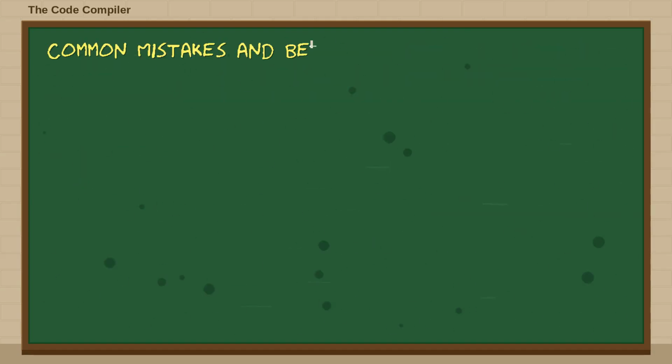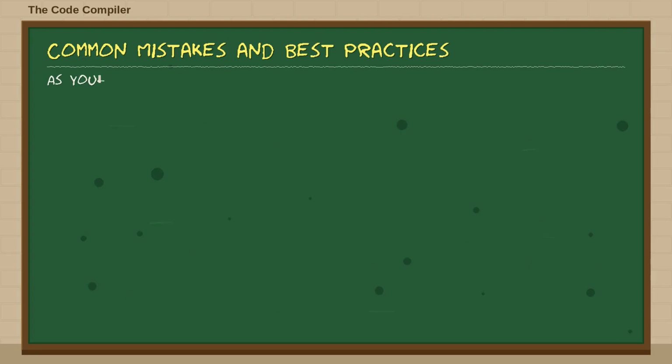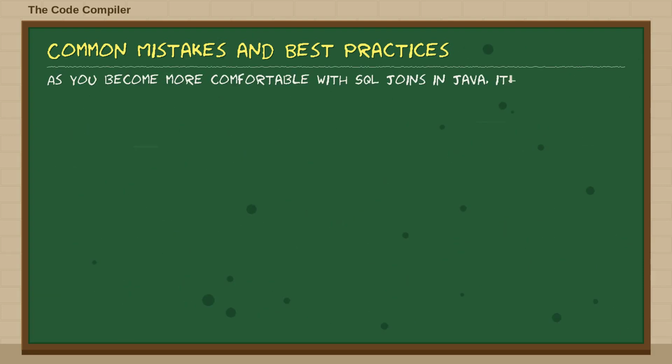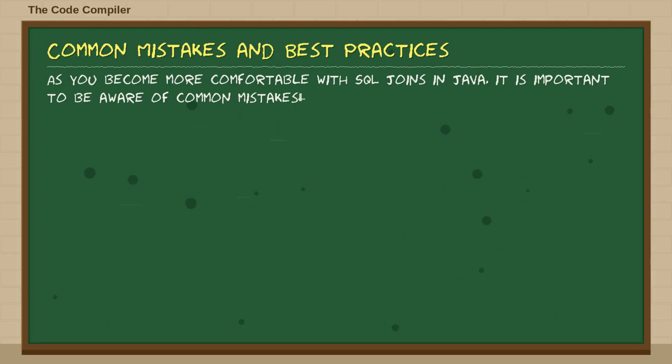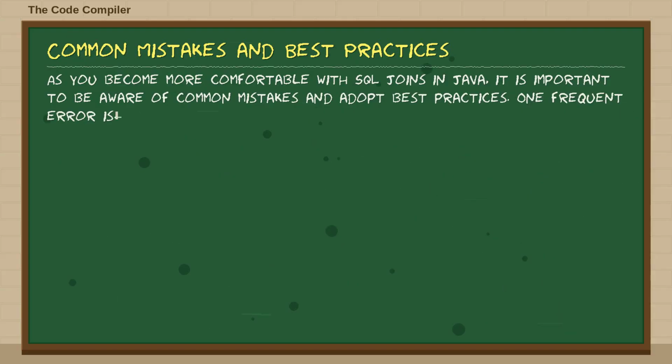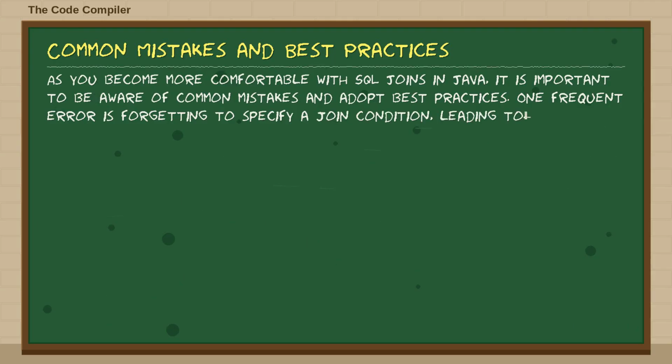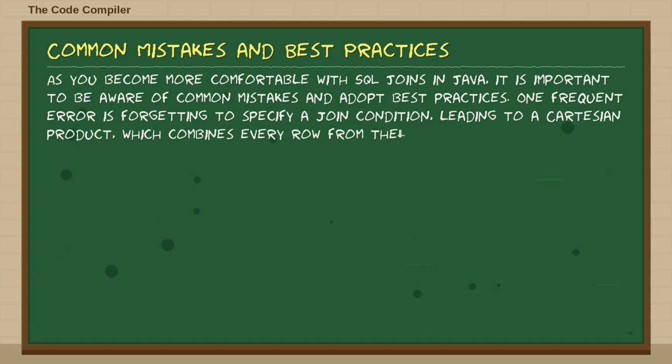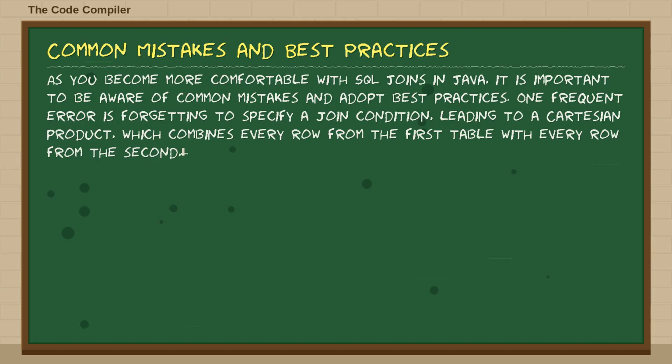As you become more comfortable with SQL joins in Java, it is important to be aware of common mistakes and adopt best practices. One frequent error is forgetting to specify a join condition, leading to a Cartesian product, which combines every row from the first table with every row from the second, resulting in a massive and often useless dataset.